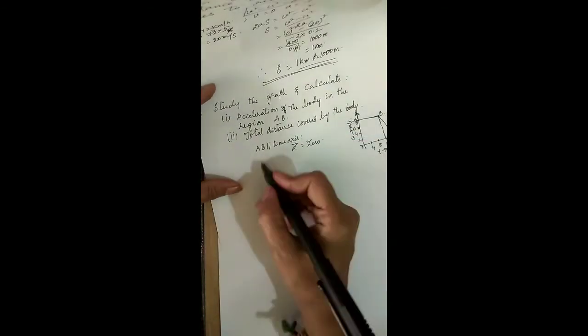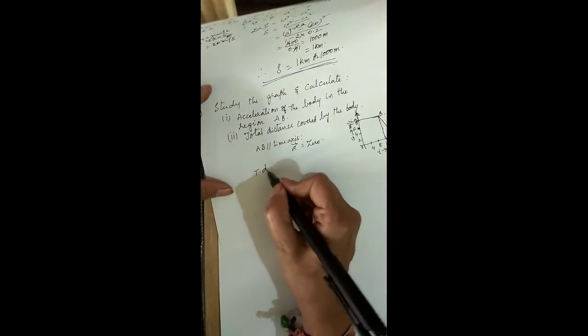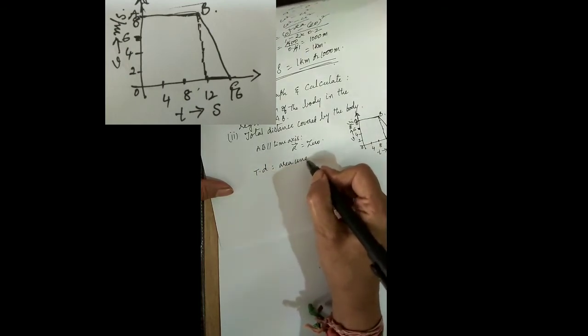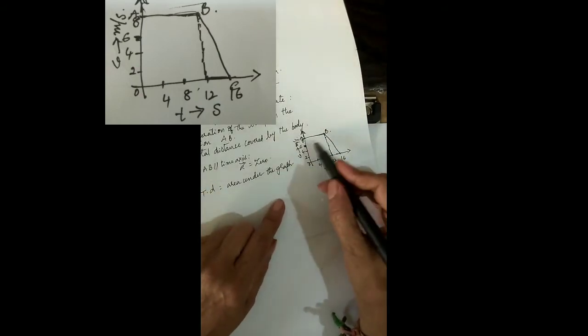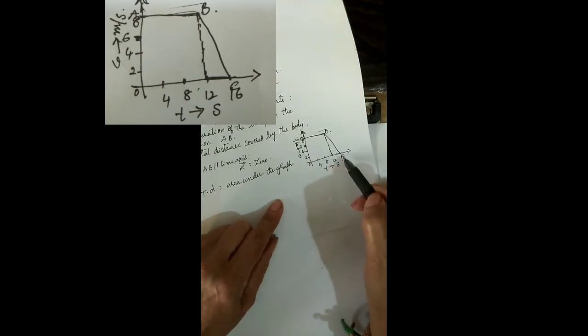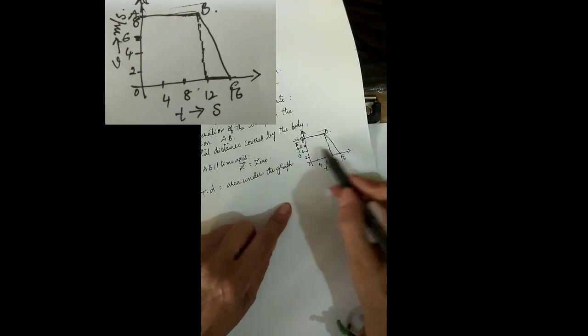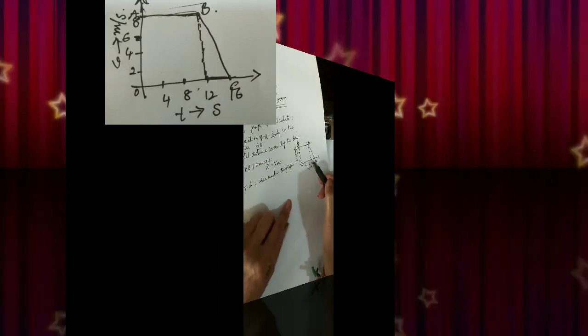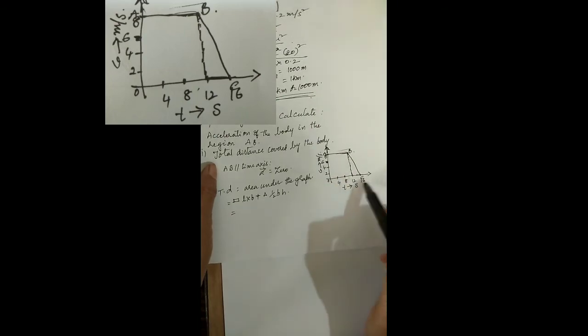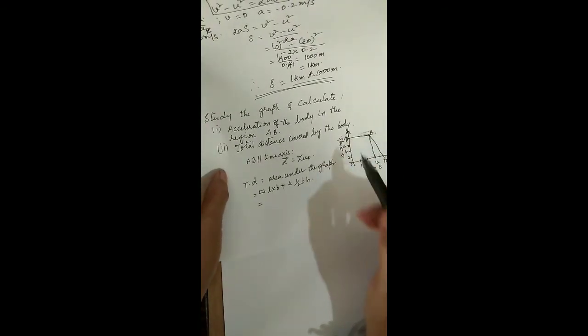Now coming to total distance. Total distance in the graph is the area under the graph. What is the area under the graph? You can take it as a trapezium, and you put it as C. So AB and OC will be two parallel sides, and this one will become the height. Instead of that, take the area under the graph as this rectangle area plus this triangle area.